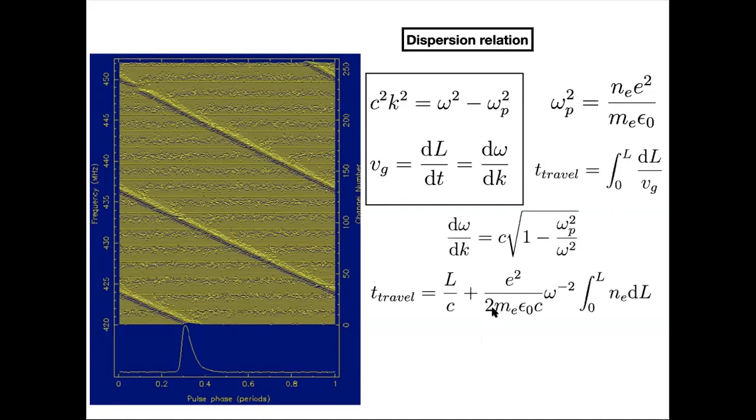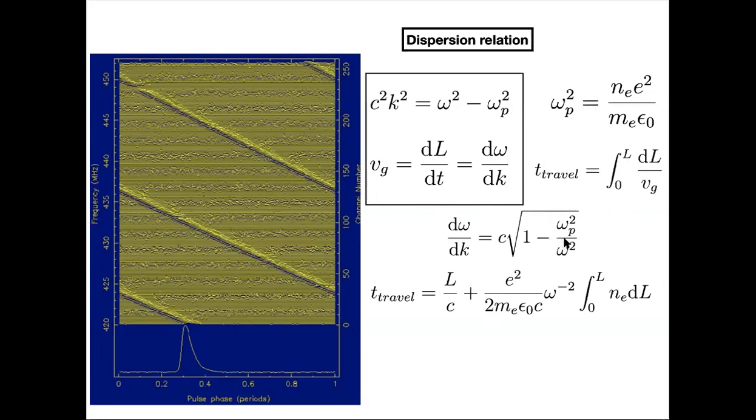And let's proceed. First we calculate d omega by dk, which is Vg, and it's straightforward. I can just differentiate it, and that gives me d omega by dk. You can do this as an exercise, from here to here. It's very simple. Once I know d omega by dk, which is nothing but Vg, I can put it back there, so I will get dl by c times this entire thing.